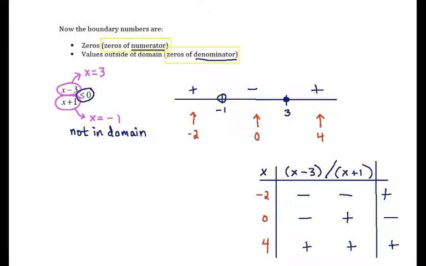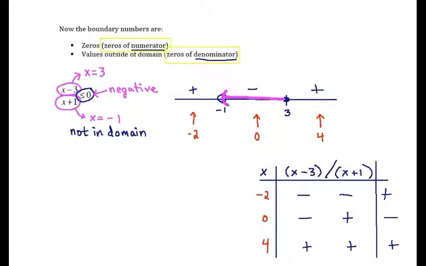I will now think about what intervals to include. This inequality says less than 0. Numbers that are less than 0 are negative. So I'm only going to include the one negative interval here, which goes from -1 to +3.